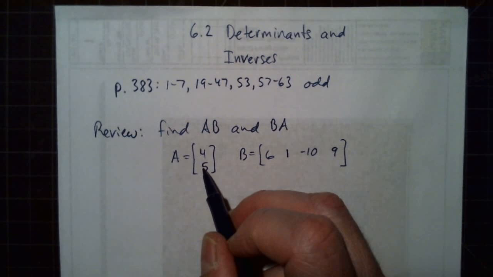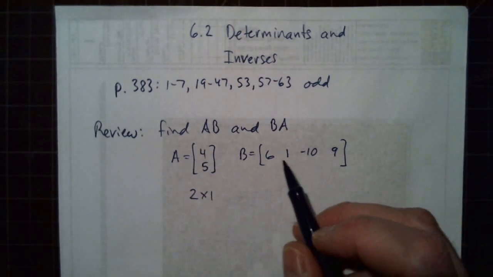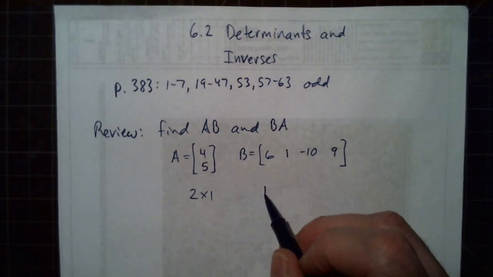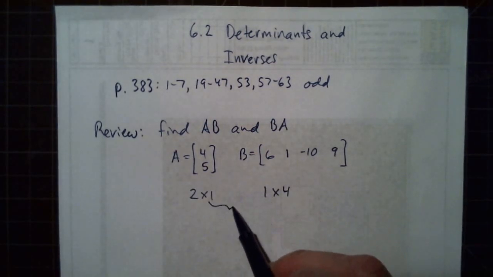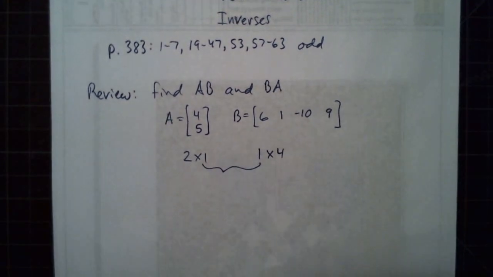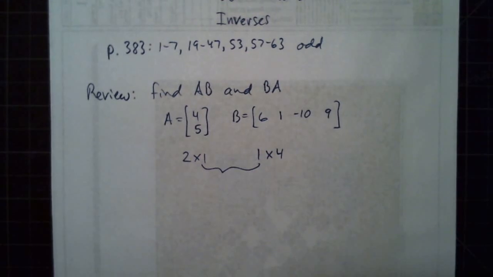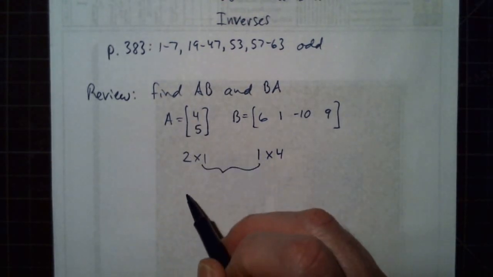So the dimension of this matrix is 2 by 1, and this is a 1 by 4. So we can multiply these because these numbers are the same. And we just go this row times that column.